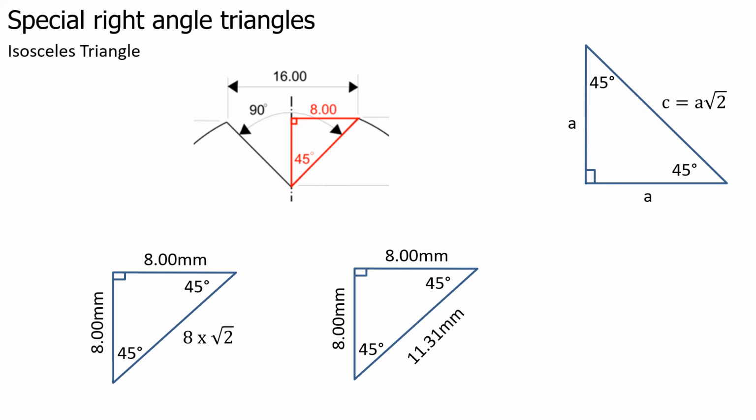Going back to our previous example, we would have noticed that both angles were 45 degrees. That would have meant that the Y dimension would have automatically been 8 millimeters. So we would have been able to calculate that Y value without any formulas if we were familiar with special right angle triangles.